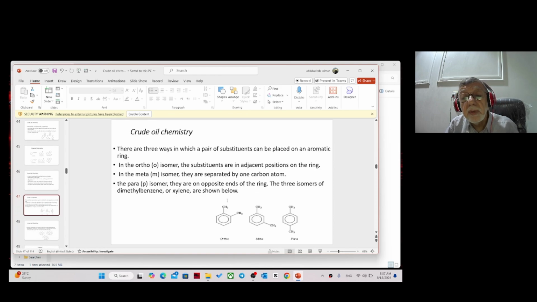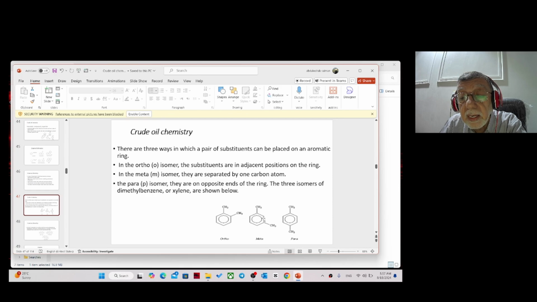So now we come to xylene. Xylene is dimethyl benzene. And this is dimethyl benzene, this is dimethyl benzene, this is dimethyl benzene. The commercial name of all of these is xylene, but they differ from one to another in structure and also in properties. If the methyl groups are adjacent to each other, it is called orthoxylene because adjacent.